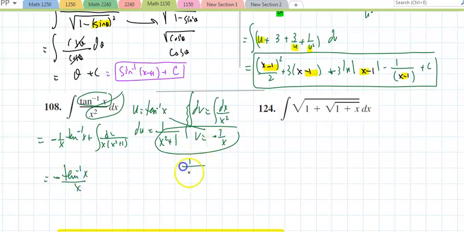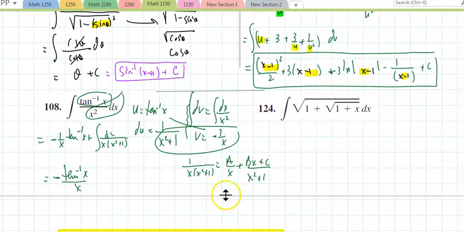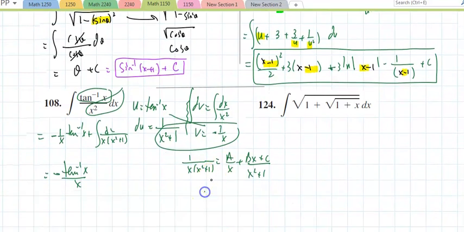This is going to equal negative inverse tangent of x over x. And 1 over x times x squared plus 1 equals A over x plus Bx plus C over x squared plus 1. Clear the fractions. And let x equal 0.